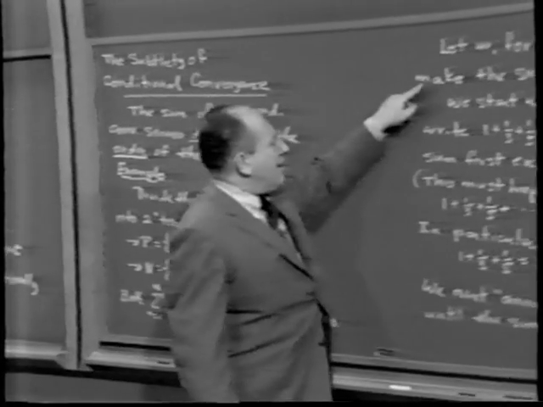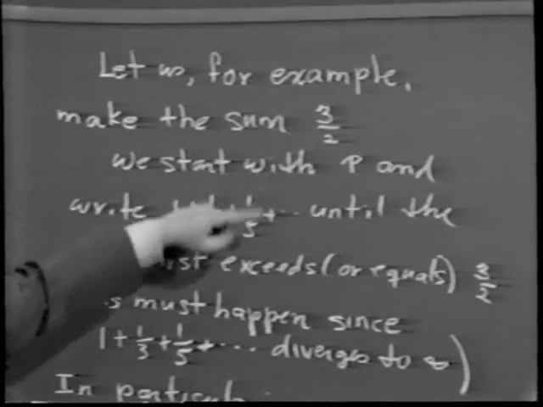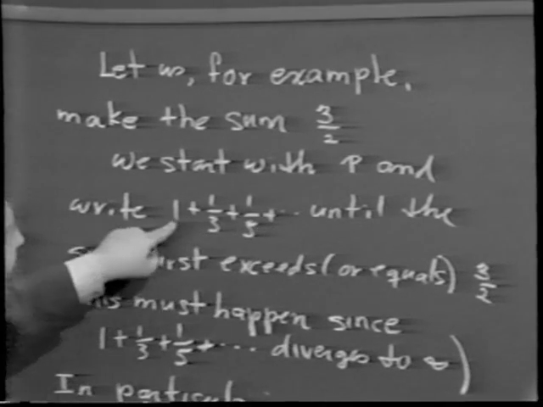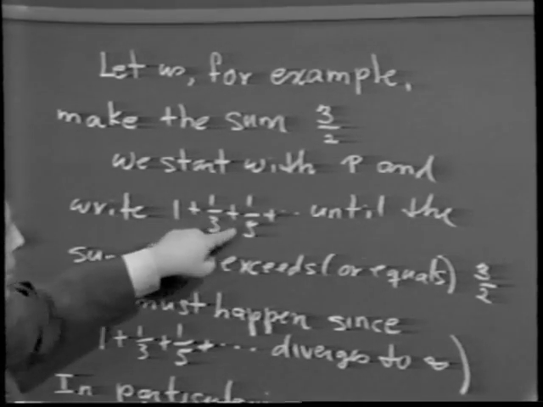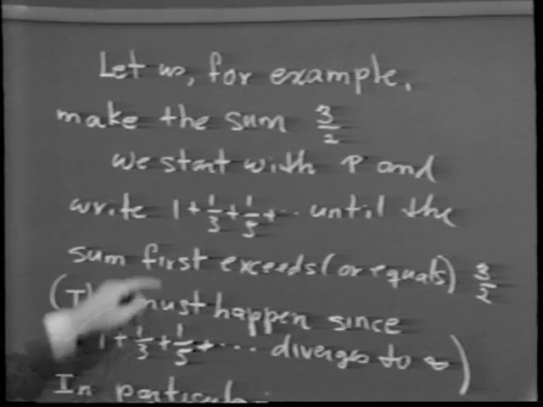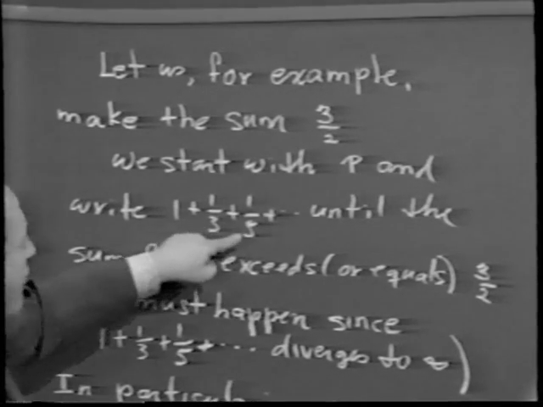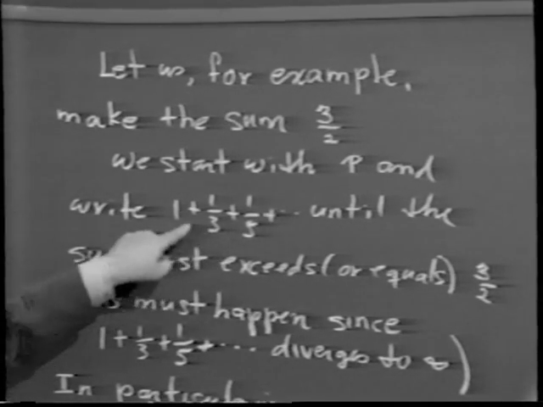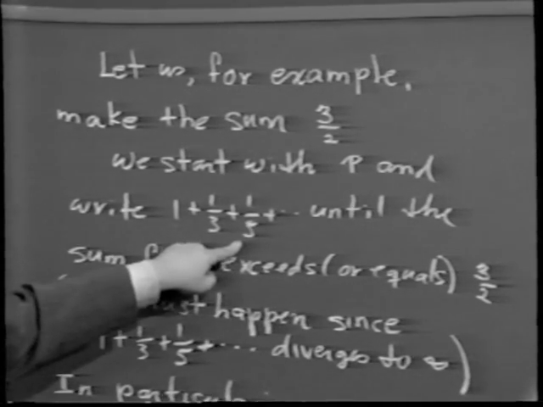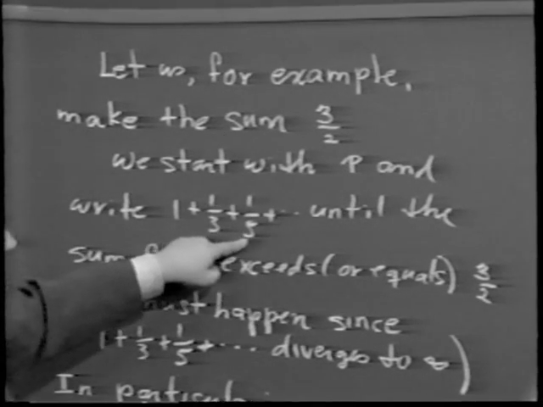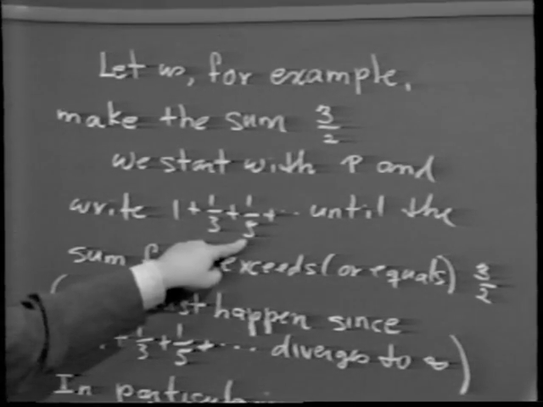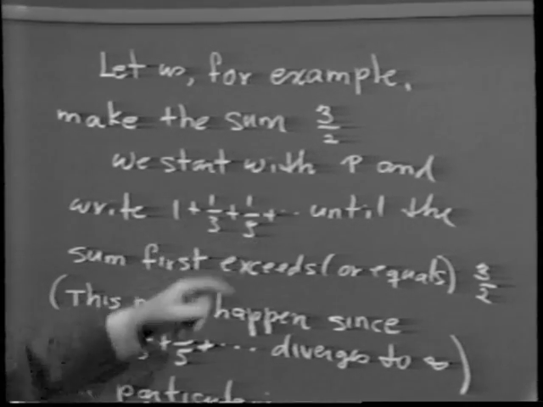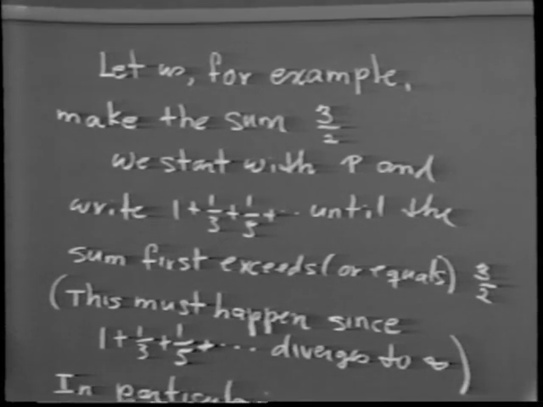But here's the gist. I want to make this sum at least 3 halves. So what I do is, I start with my positive terms from the set P and add them up: 1 plus a third plus a fifth, etc. The thing that I'm sure of is that eventually this sum must exceed 3 halves. Why do I know that? Well, P diverges to infinity. How could the sum of the terms in P diverge to infinity if the sum never got at least as big as 3 halves?